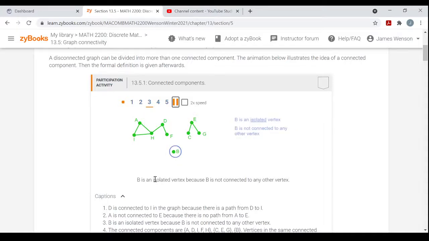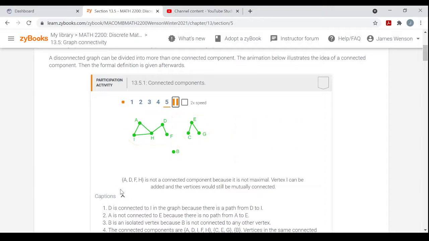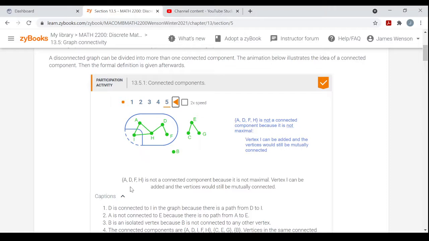And like I said, vertex B is what they call an isolated vertex. It's not connected to any other vertex. So yeah, the connected components are what they've circled here, as I've pointed out with my talk earlier. And then it says the set of vertices A, D, F, and H is not a connected component because it is not maximal.